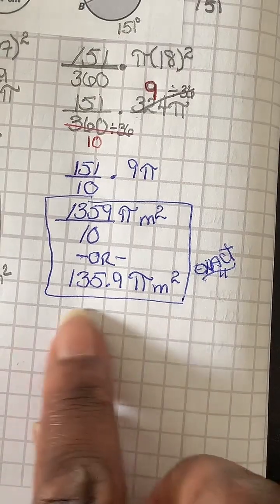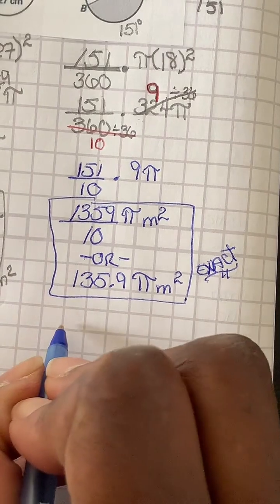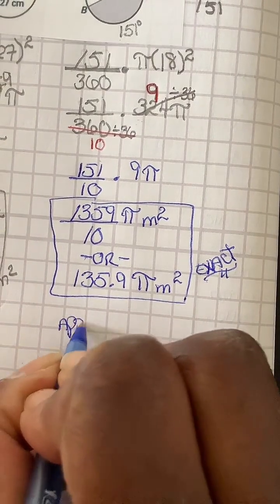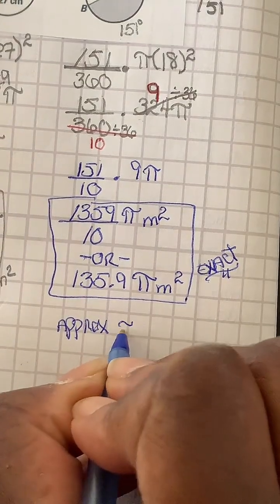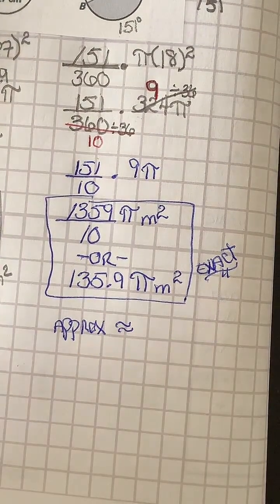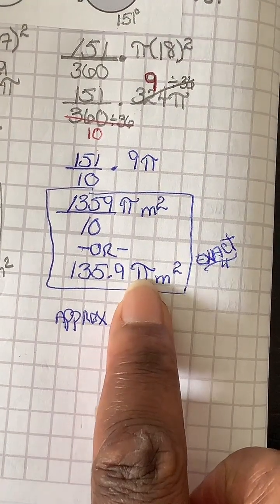So if I want to put it in terms of approximately, the approximate symbol is like an equal sign but with two waves. That means I'm incorporating the pi.